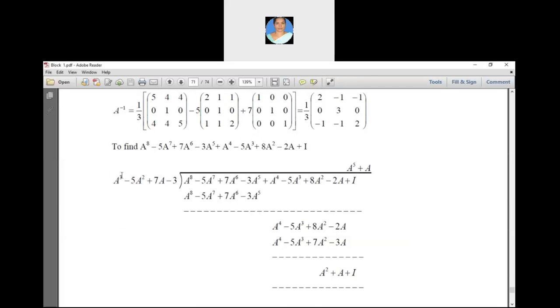So now you divide this, we get the quotient A power 5 plus A, and the remainder is A square plus A plus I.